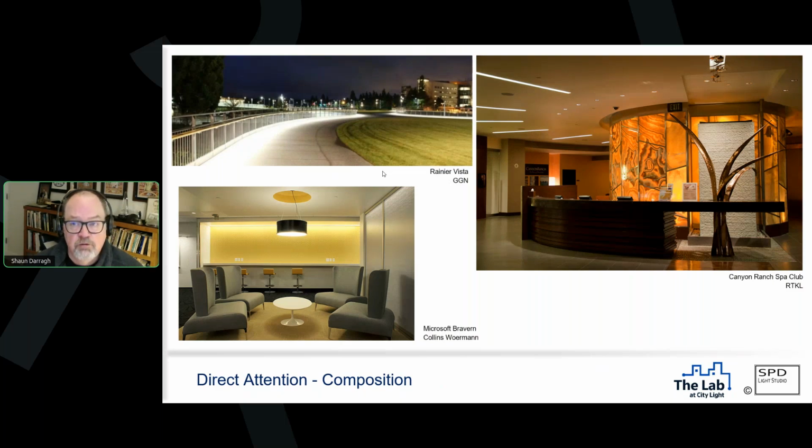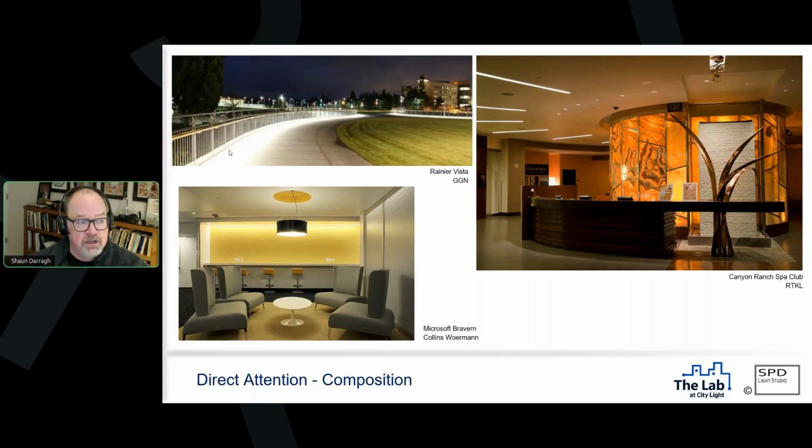So instead of putting big poles here, we put in handrail lighting that lights the vertical surface of the fencing, but also provides a pathway for your eyes to follow that brings you right along the wayfinding route over to the Husky Stadium and to the light rail station.